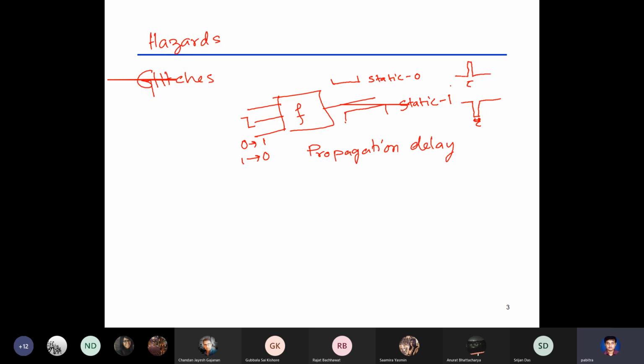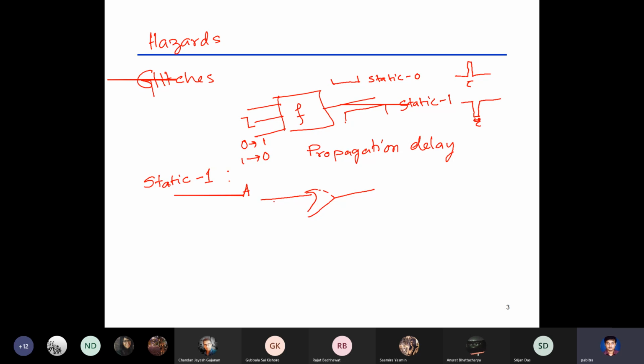Let us see why this really happens. Static 1 hazard. I'm just reviewing so that you can remember what was done. A static 1 hazard typically happens in a situation like this. Say you have an OR gate, and I'm drawing an effective circuit.